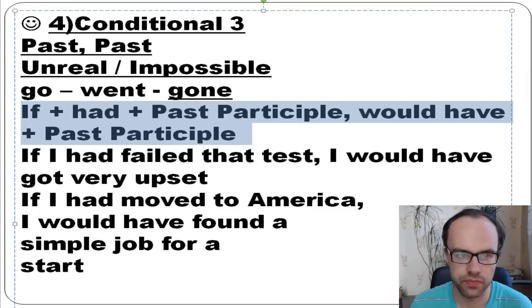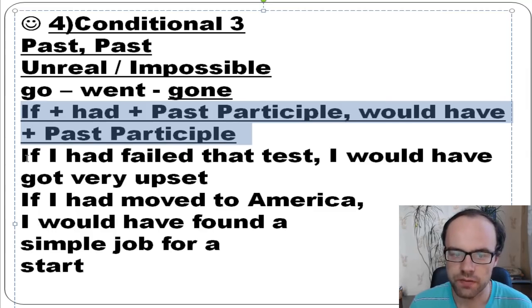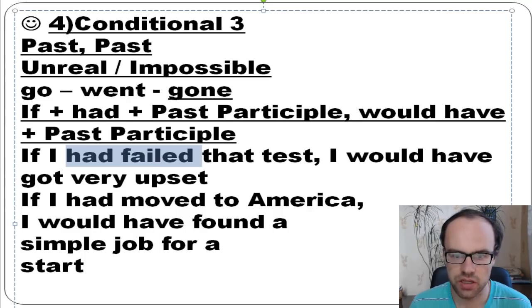So look, but it's unreal. If I had failed that test, so you see, had plus past participle, it's unreal. If I had failed the test, it means, in fact, I didn't fail it, so it's in my imagination, I imagine it.